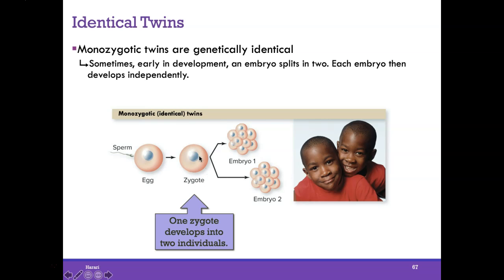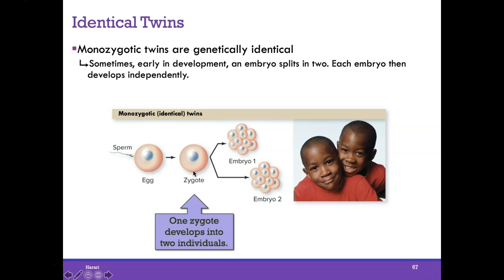But instead of that zygote just dividing and becoming one organism, that zygote split into two and became two separate embryos. So each embryo then developed independently, and these are clones of each other. Right? This has the combination of DNA from sperm and egg. These two embryos will have the same combinations of sperm and egg. Right? So monozygotic twins come from one zygote.